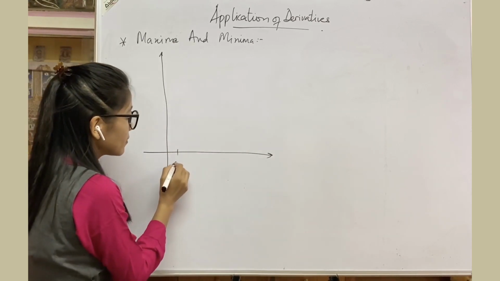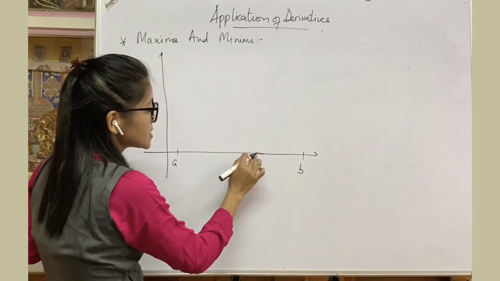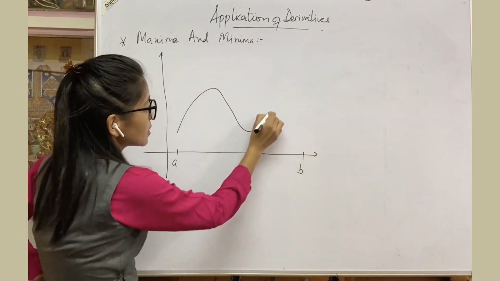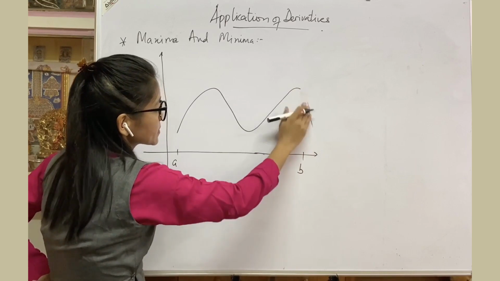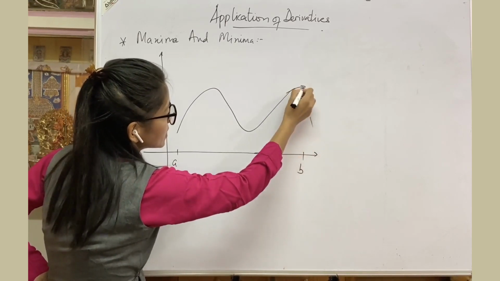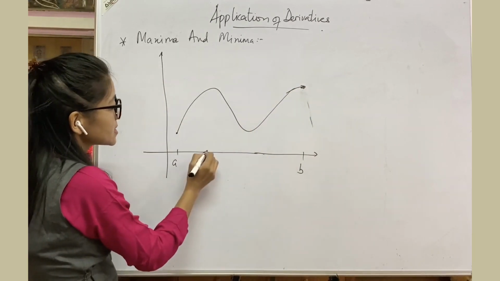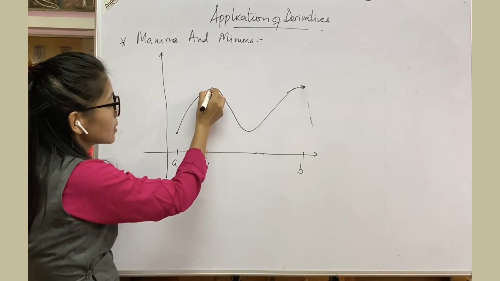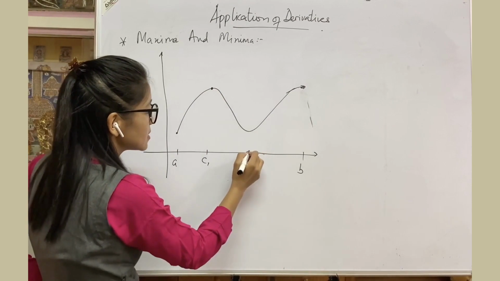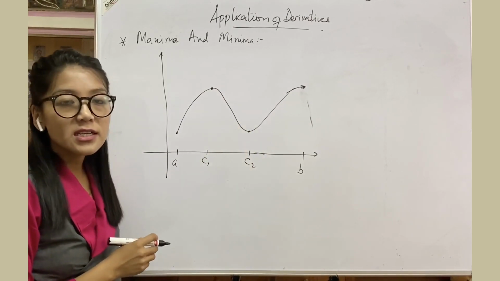First we'll see this graphically and try to understand it. So let your graph be this. Graphically you can easily see that at C1 the function is attaining its local maximum value, and C2 is the point at which the function is attaining its local minimum value.